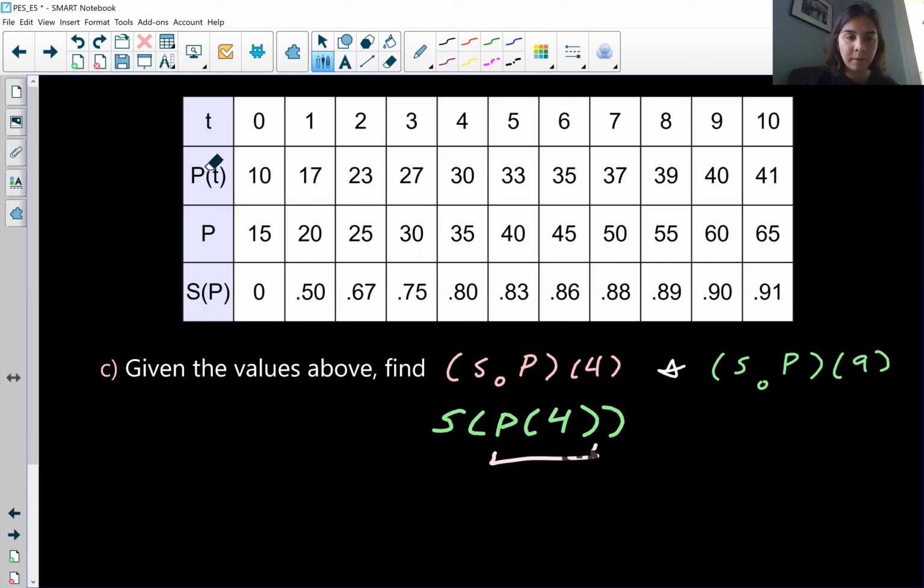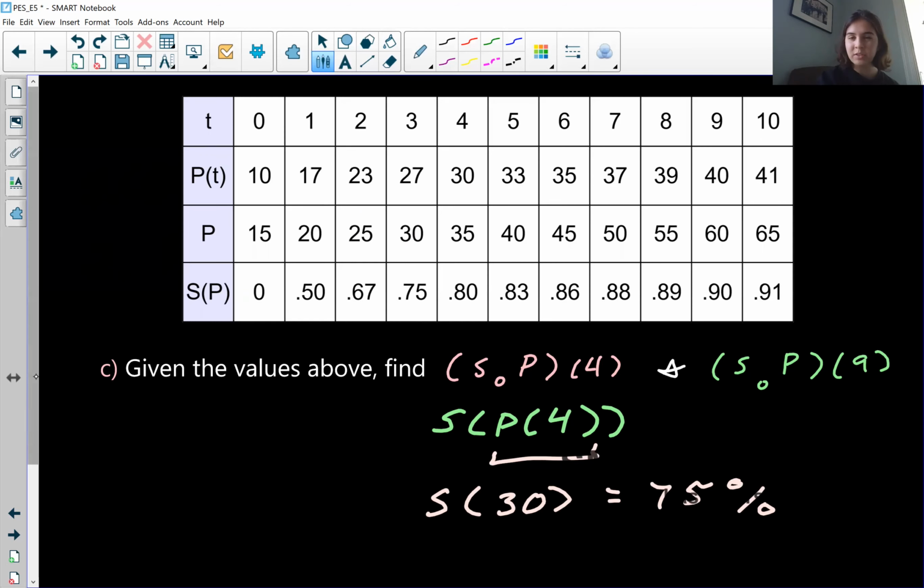So let's look at our P function in the second row here. P of 4 is going to equal 30. So now we're trying to find S of 30. So we go to our S function at the bottom here, and then we have some P values. So P, when that's equal to 30, we have an S value of 75%.